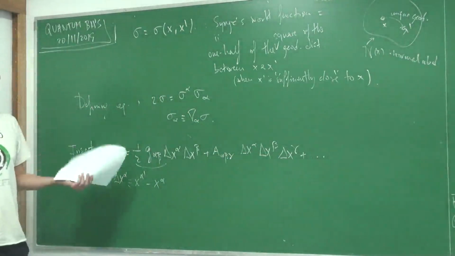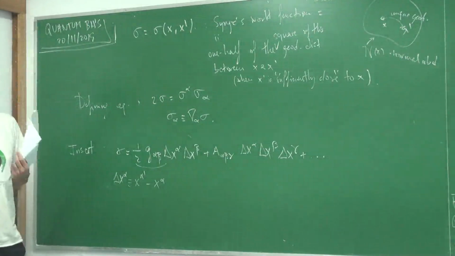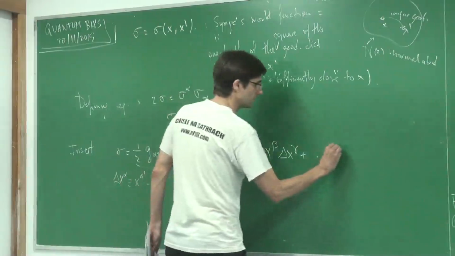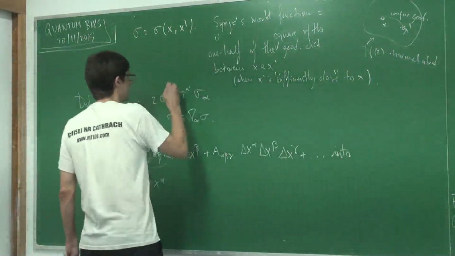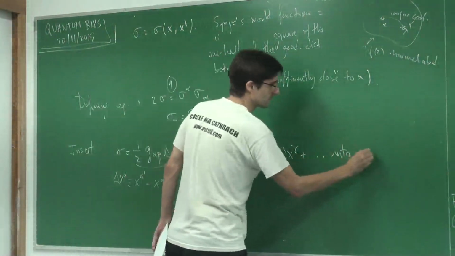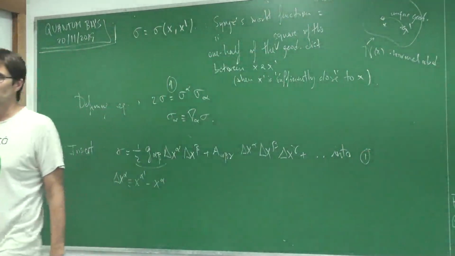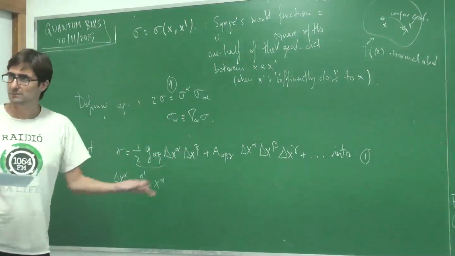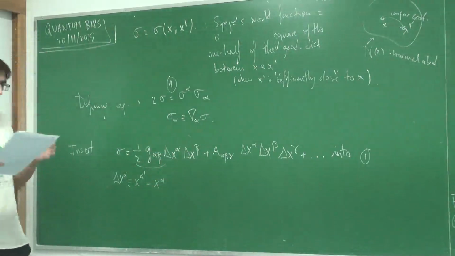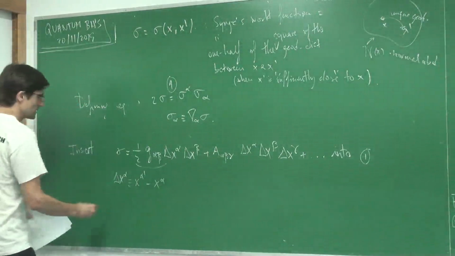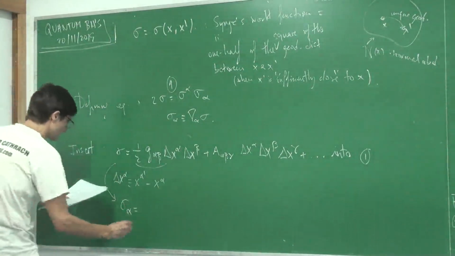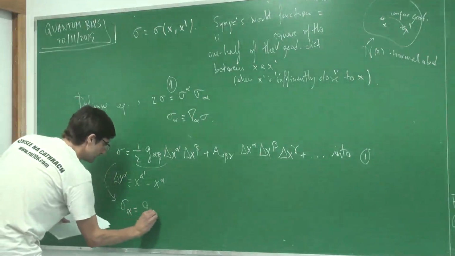But in order to find sigma for small distances, for x prime sufficiently close to x, what you do is insert this into equation 1, expand it for small delta x, and obtain the value of A. First of all, you need to take the covariant derivative of this. That's rather trivial.